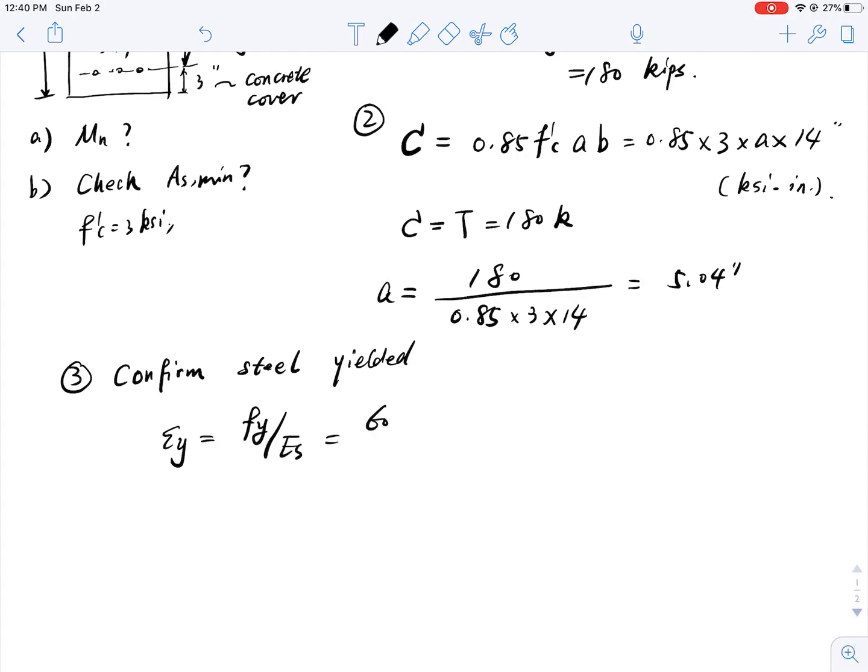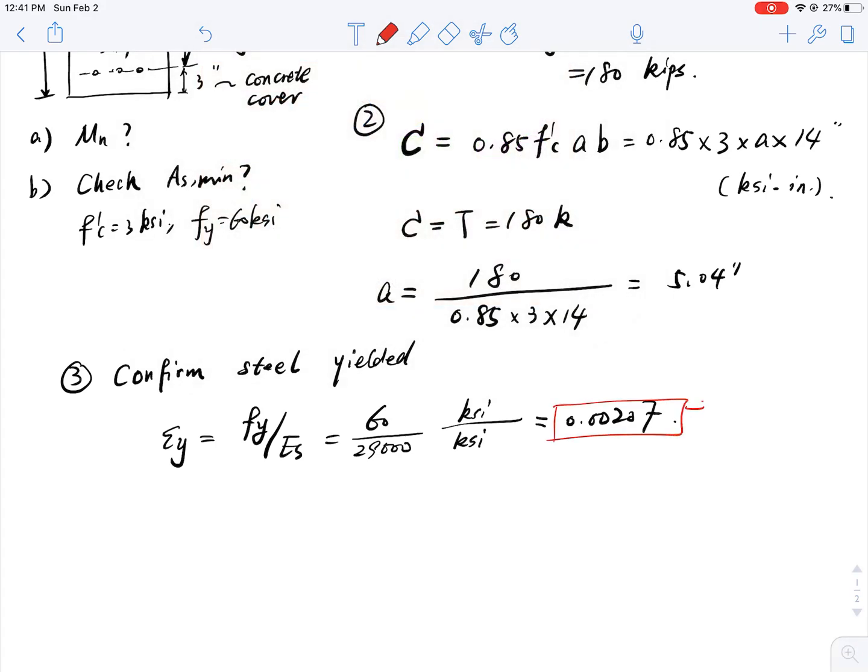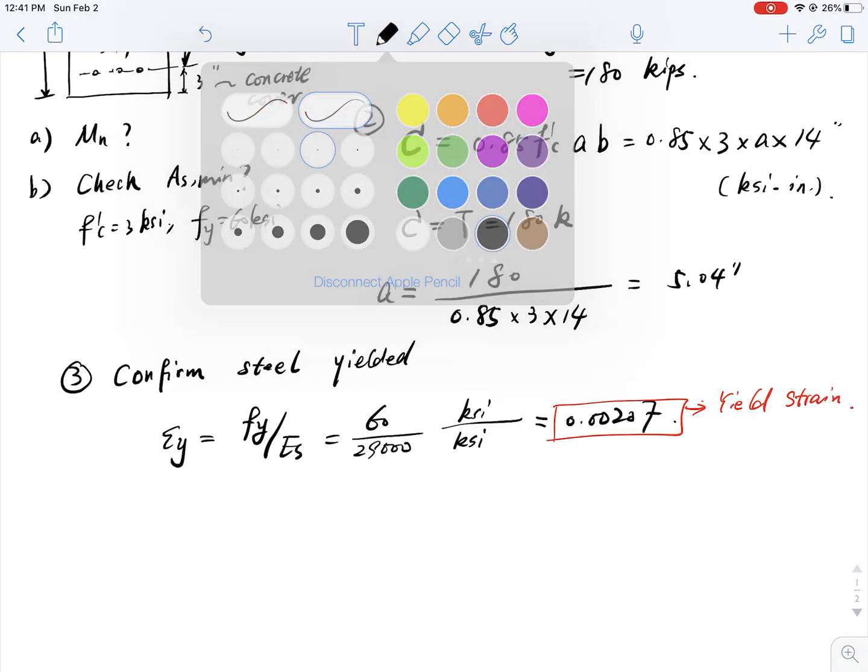Let me put here Fy equal to 60 ksi, so this equals 60 ksi divided by 29,000 ksi. I got 0.00207. Let me use a different color here. This is what we call the yield strain.